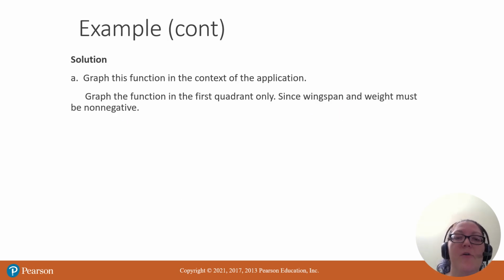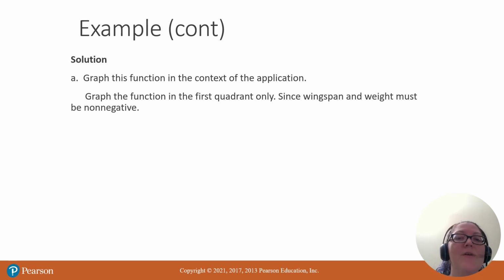So let's talk about the graph of this function, and make sure we understand where everything is. Remember, L represented the wingspan and W represented weight. First of all, a bird is not going to weigh negative. We also know that the wingspan is not going to be negative.